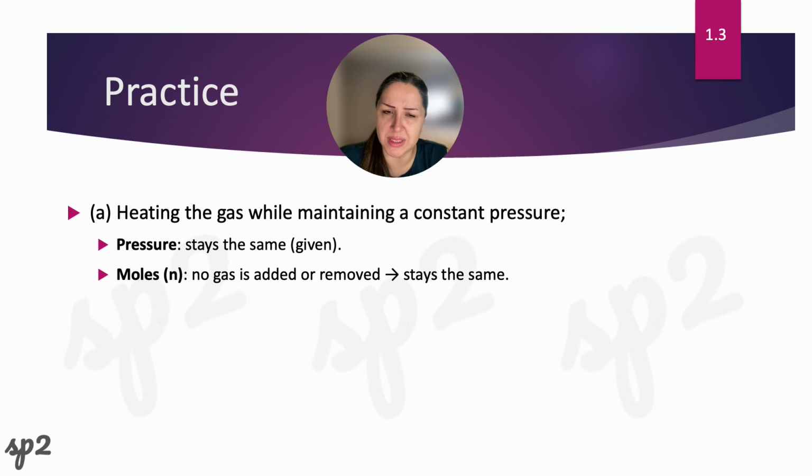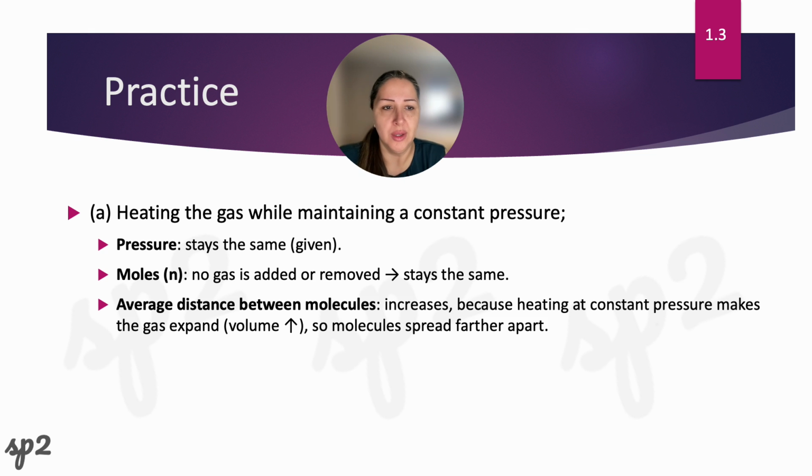Remember, the question stem says that we have no leaking, it's a closed system. As a result, the average distance between the molecules must increase, because heating at constant pressure makes the gas volume expand, and therefore they're going to have bigger space between themselves. Okay, I hope that makes sense.